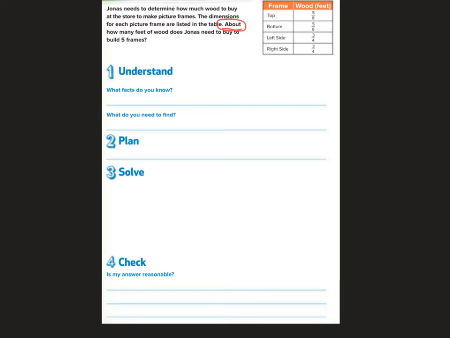Build 5 frames. Oh, gotcha. So we have the top, the bottom, the left, the right, and then I need to multiply that by 5 because he wants to build 5 of these frames here. So what do I need? What do you know? I know he wants to build 5 frames.